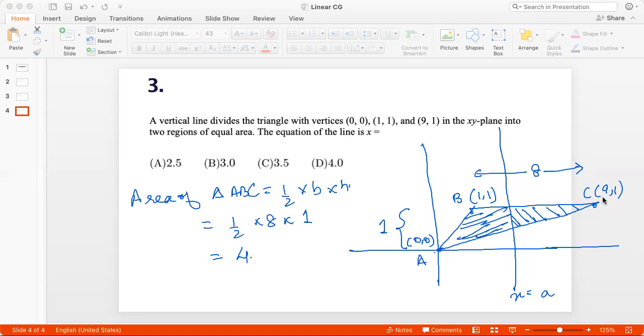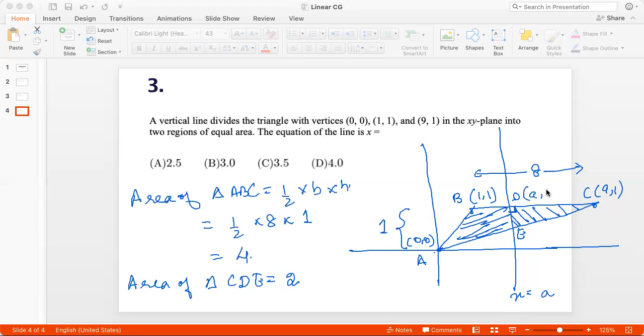So the area of this small triangle, let's say this point is D and this point is E, should be 2. So the area of triangle CDE should be 2. Now, how can I find the area of this small triangle? I know that this is perpendicular because this is a horizontal line and this is a vertical line. What will this point be?